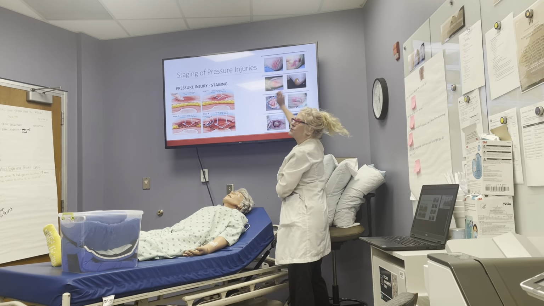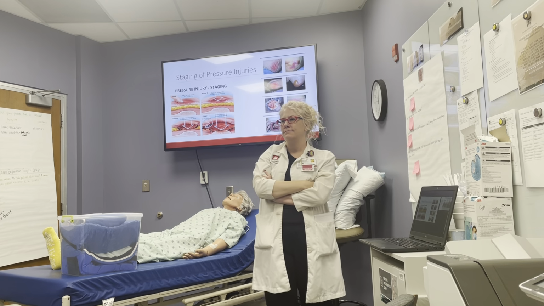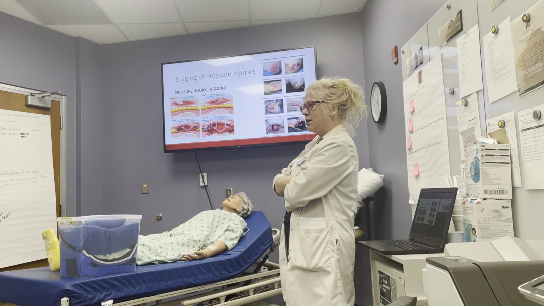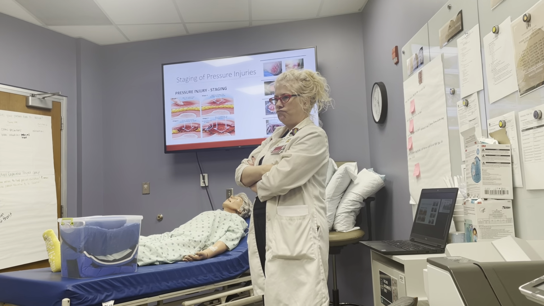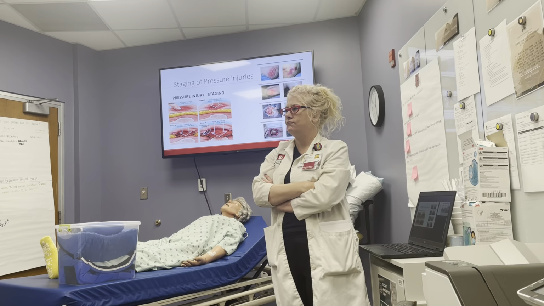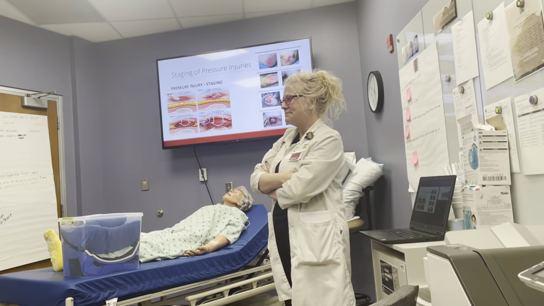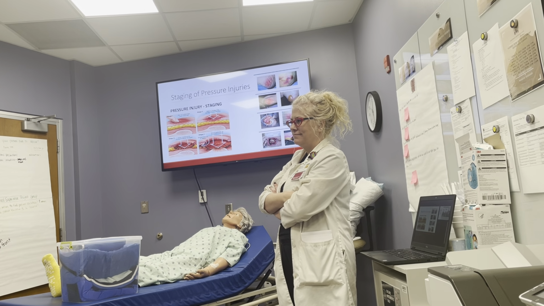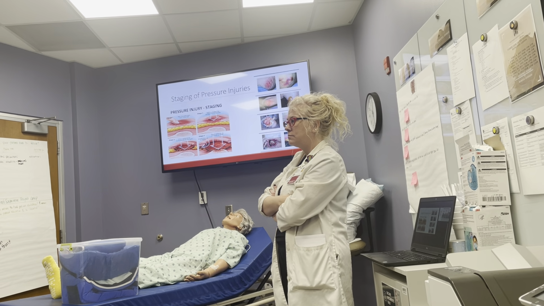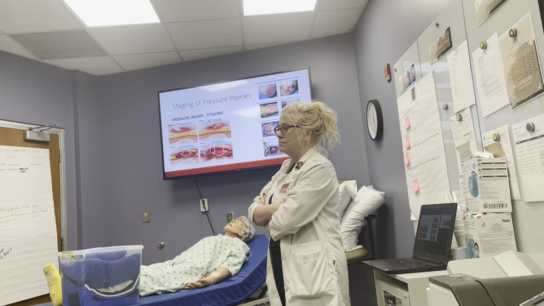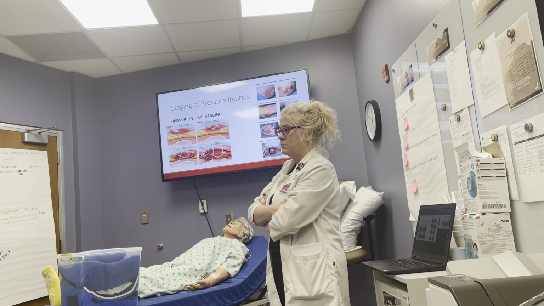So what about blisters? What would you stage a blister as? If it's from a burn, then you would think stage 2, because the blister is damage to that portion of the skin, but you also can't see, so unstageable.